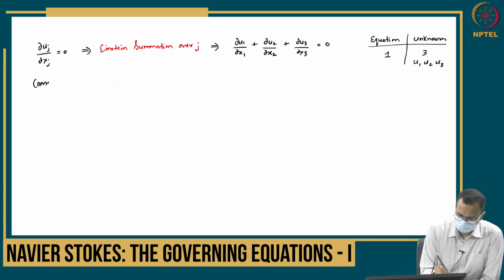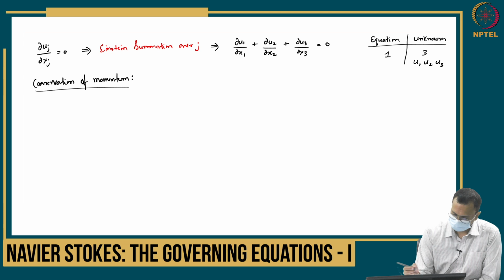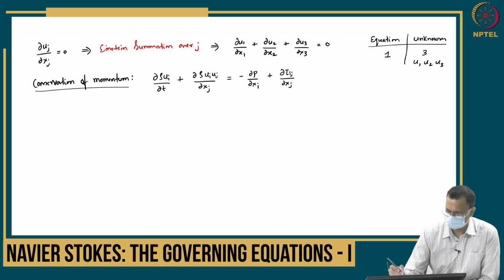So we take conservation of momentum. Okay. So we have dou rho ui by dou t plus dou rho ui uj by dou xj equal to minus dou p by dou xi plus dou tau ij by dou xj.